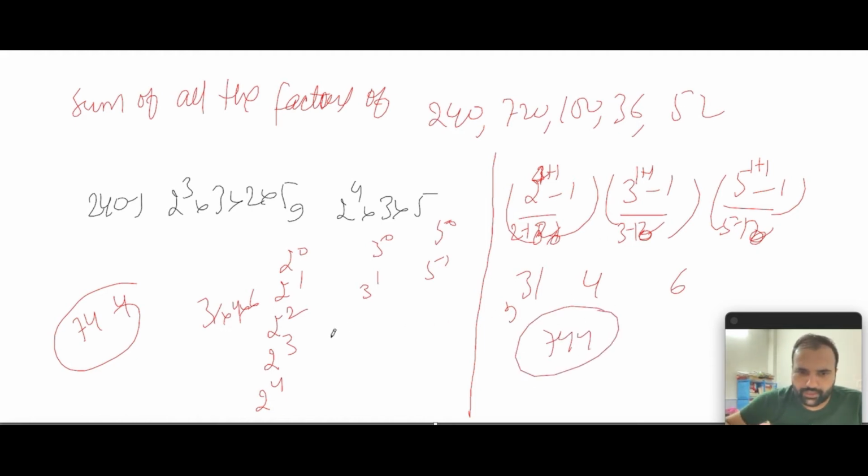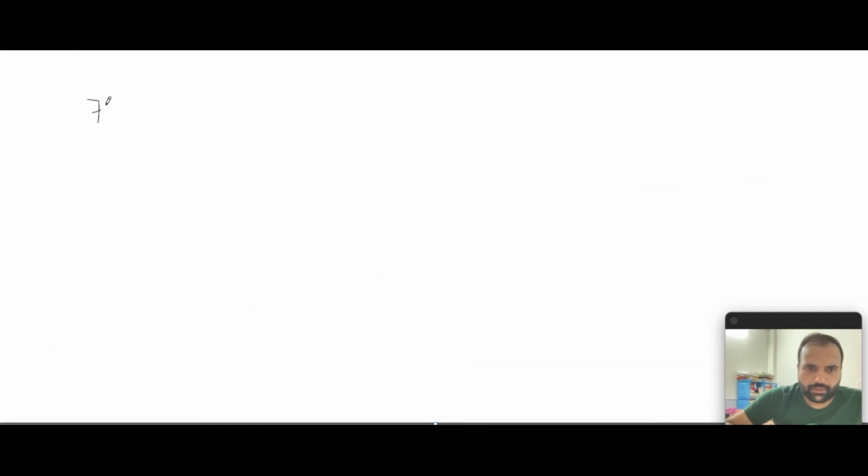So similarly you can do it for 720. For 720, 72 into 10, 72 is 36 into 2, which gives us 2 cube into 3 square into 5.